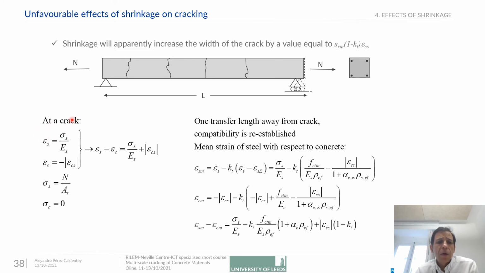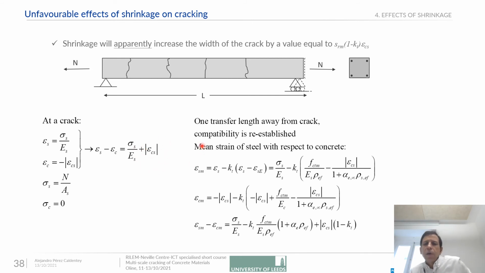Well, at the crack, the stress in steel is due to the force, and the strain of steel is due to the force, and the strain of concrete is due only to the shrinkage strain. So the difference between these two values is the difference due to the force plus the difference due to shrinkage. So we would have to add in the strain term the shrinkage strain.